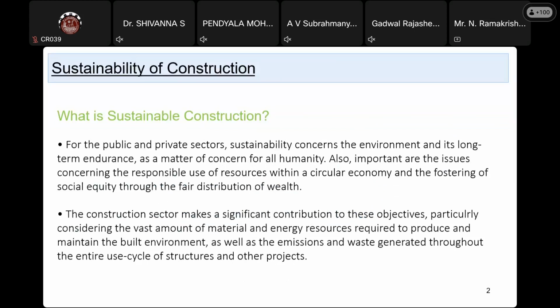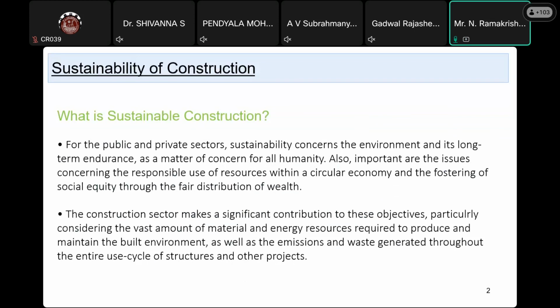First of all, we have been hearing this term sustainability for many years. Sustainability in general is defined as meeting our own needs without compromising the ability of future generations to meet their own needs. That's what sustainability means.